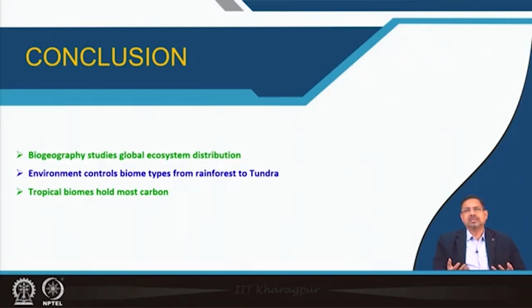And it is explained and understood in terms of the biogeography. We also found that since the tropics have a structural diversity in terms of vegetation, more vegetation is present, and all other conditions are available at optimal levels. That is why the tropics are more diverse and also hold most of the carbon in terms of vegetation carbon.